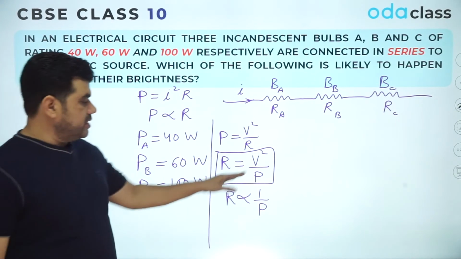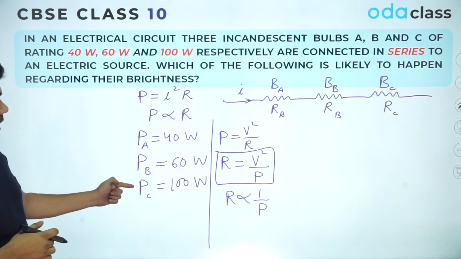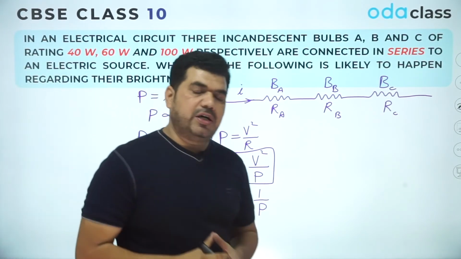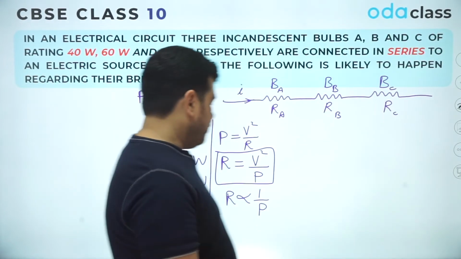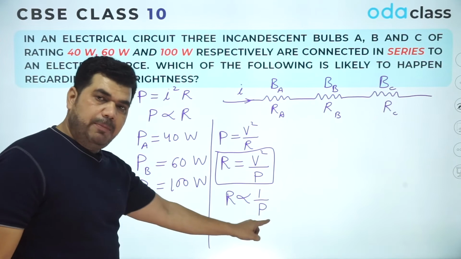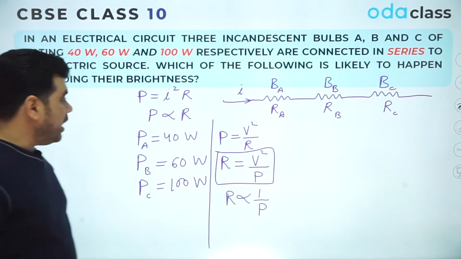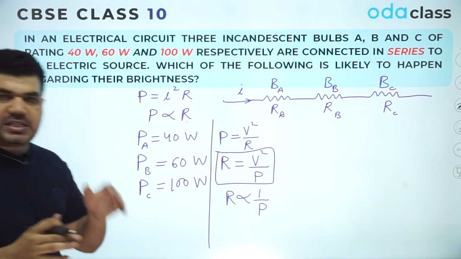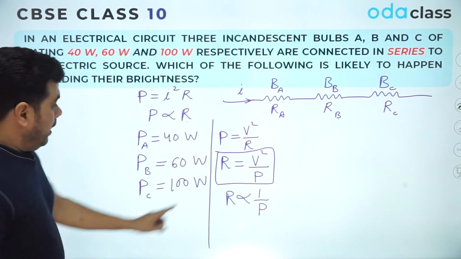If resistance is inversely proportional to the power, it means more power has less resistance and less power has more resistance. So what you can say? Minimum power, maximum resistance. Maximum resistance, maximum power. Maximum power, maximum brightness.